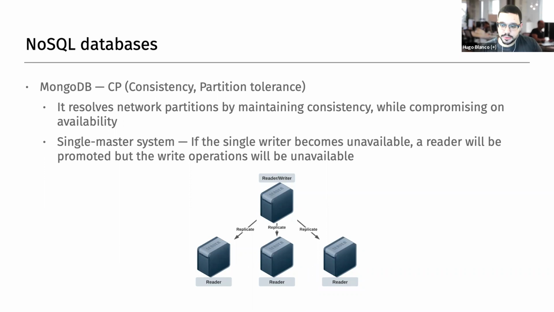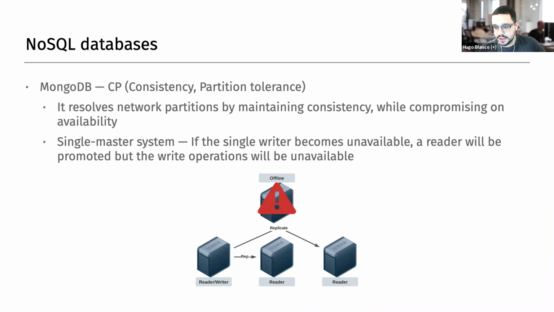So as you can see below, we have a server that is a master. So for MongoDB, we have a single master system, and we have a single writer. So when we start writing to a MongoDB cluster, the writer is responsible for replicating to the other readers. But if the writer is offline, if the writer is unavailable, another reader is promoted to writer.